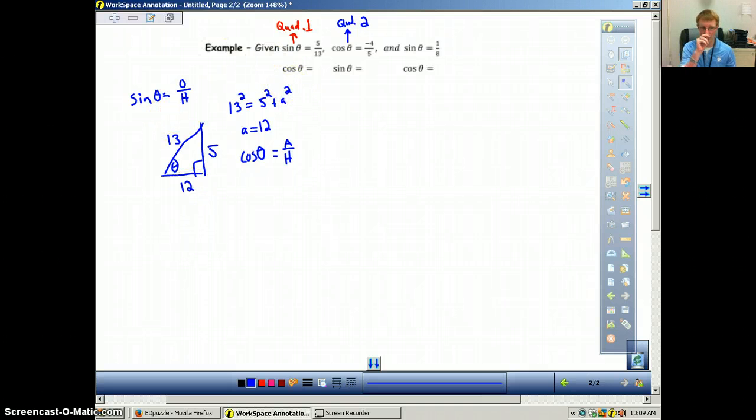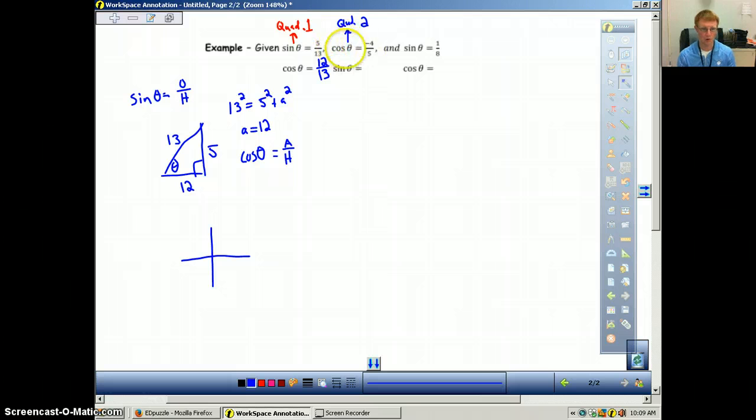Now, the one thing that we have to pay attention to, this is quadrant 1. Our 12, or our adjacent side here, is our x value. If it's in quadrant 1, then that means our 12 is going to be positive. Again, think about your x values. What is your x value in the first quadrant? It's positive, so 12 over 13 is our answer here.